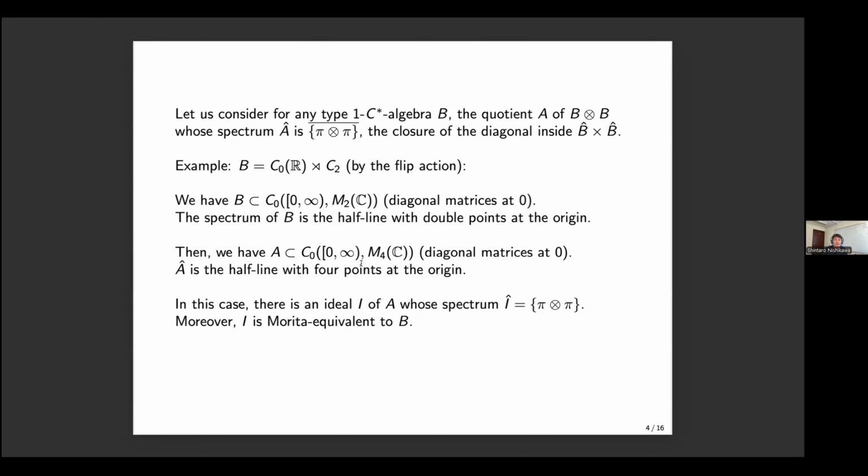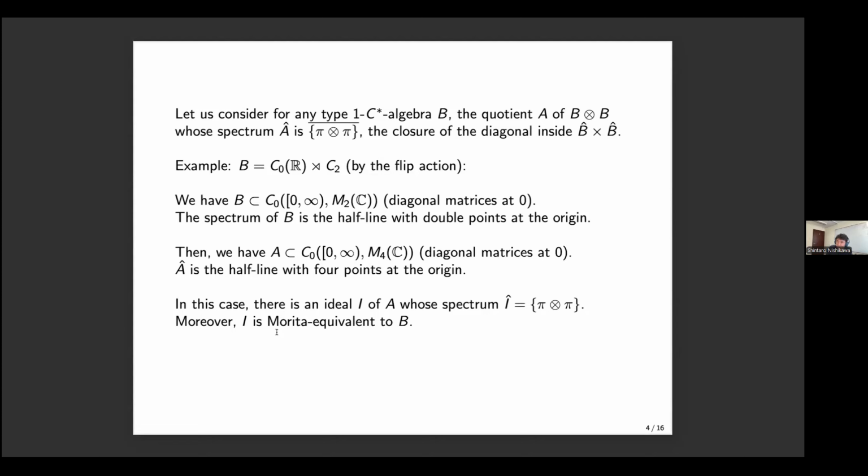if you think a little bit, different from this C-star algebra, but there's an ideal I of A whose spectrum is π⊗π. So if you keep track of which points are π_1⊗π_2 and so on, you extract only 2 points of these 4 points at the non-Hausdorff points. And there's an ideal corresponding to π⊗π.